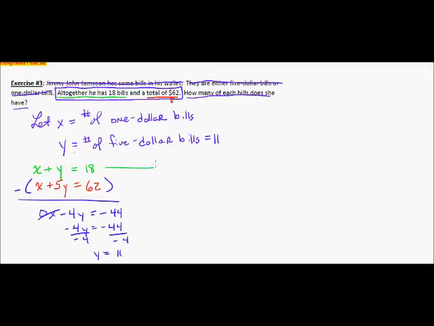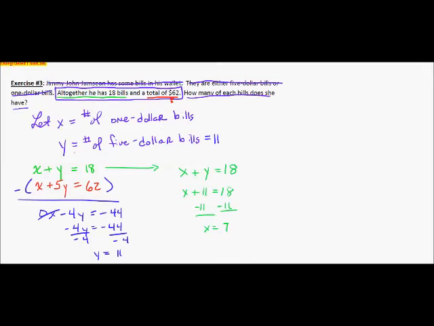Let's use this one, because this one seems pretty easy. I don't have any numbers in front of the variables. I don't have any coefficients up there. I take my 11 and I plug it in for y, and I solve, and I get a 7.